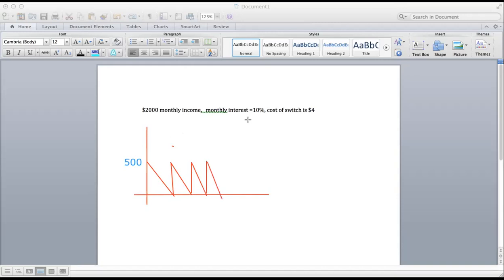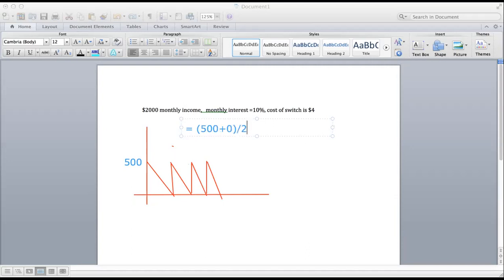Okay, so again, the average money holding is, you can again calculate throughout the entire period, or you can just start with the first one, 500 plus 0 divided by 2.